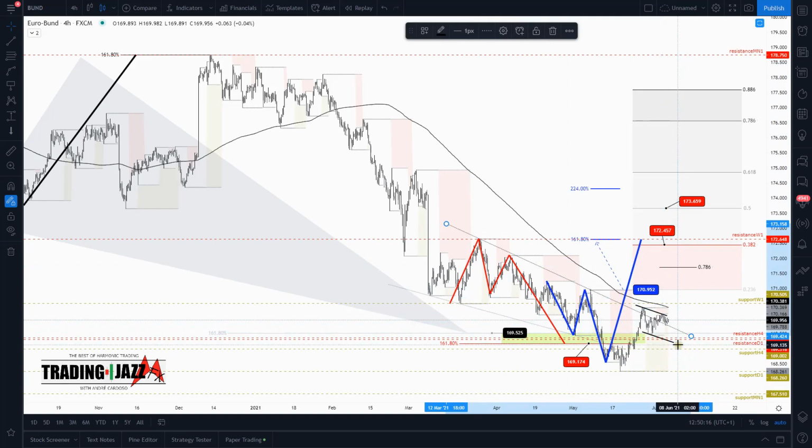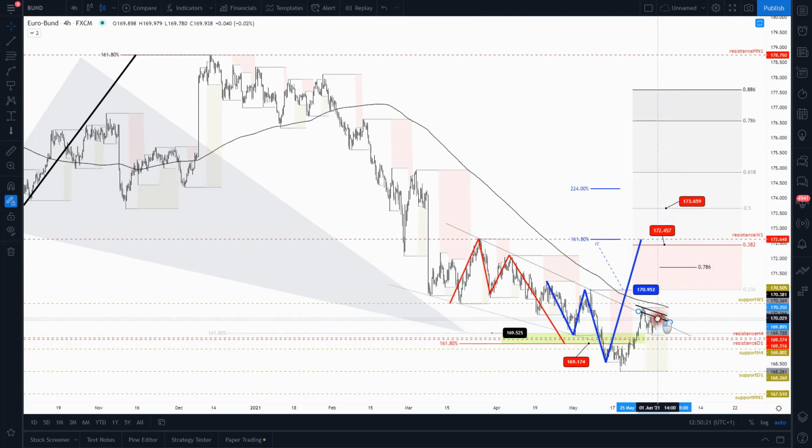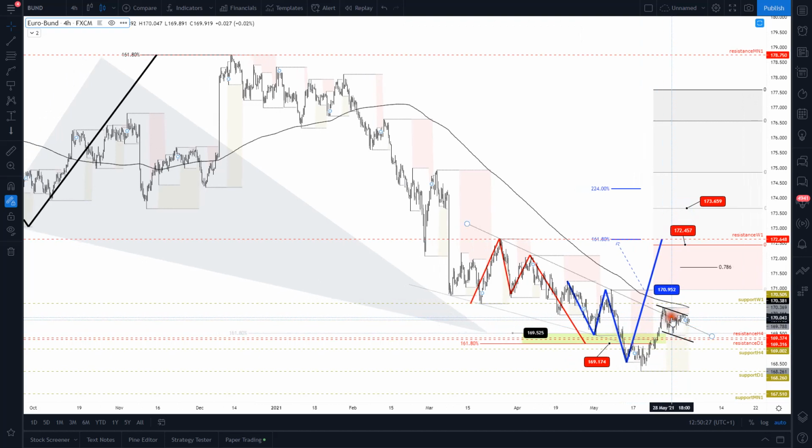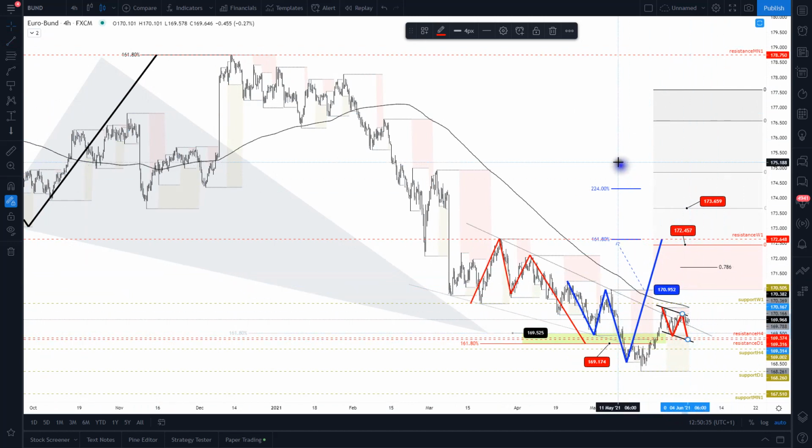So if the price confirms that, and I draw this eventual parallel structure here because we don't know what the market will do here, it can happen to create a major three-wave structure inside this parallel structure. So nothing assures us what the market will do here.